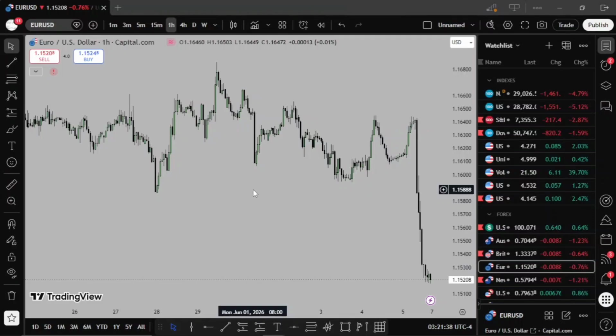Now, if you recall, I talked about how you need a confirmation for you to trade from these particular levels, because if you do not have this confirmation, you cannot be sure if you want to take a position from a particular level or you want to move to the sideline.